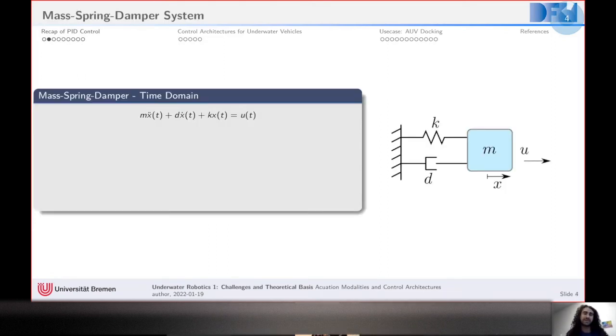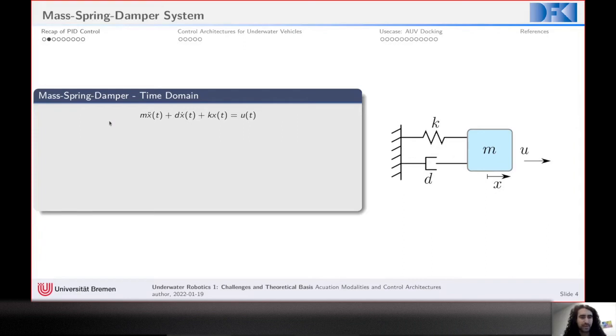So now you'll be a bit surprised, why am I talking about this very simple thing, a mass damper spring? The reason is, if you have a look at the equations of a mass damper spring, it's basically just the mass times the acceleration. Then there is a friction term, and there is the constant of the spring. Assuming that x is the position of the center of the mass, and my control is some control u.